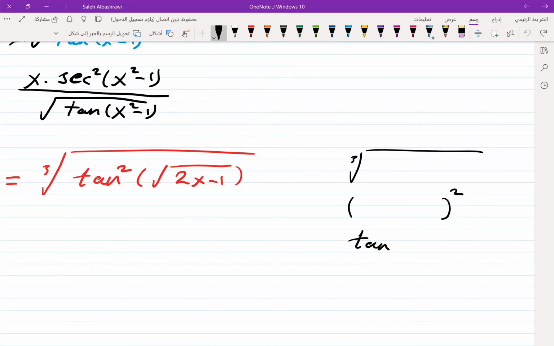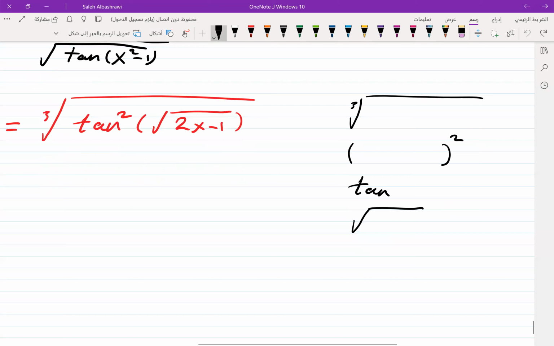Fourth one, inside the tangent we have another square root. And inside that square root it is 2x minus 1. So you can see that I have 5 functions. I can combine the first 2, because we can multiply the power 1/3 by 2 and it will be 2 over 3, but I will leave it now as it is. I will do it in this way. I have 5 functions.